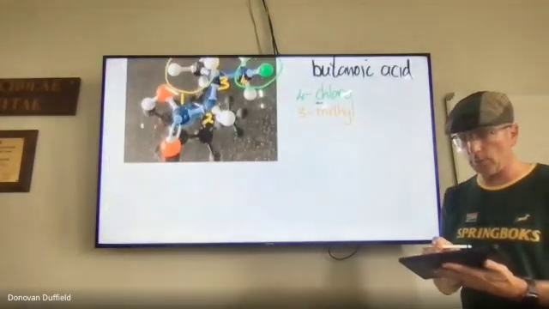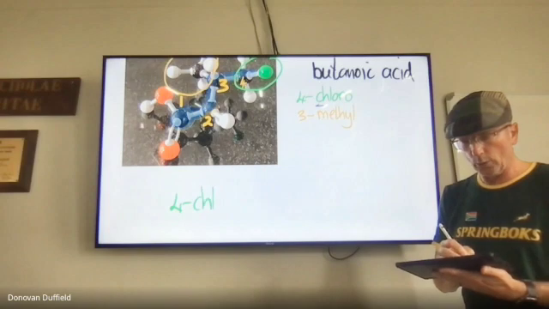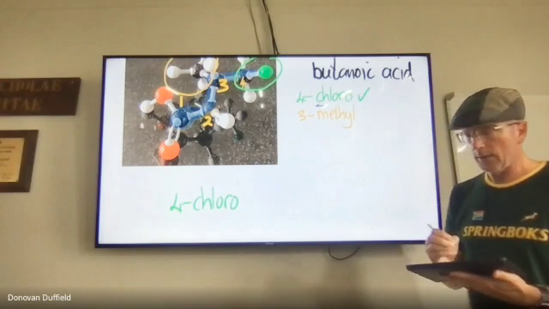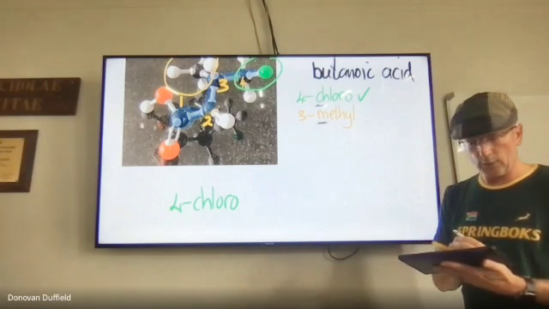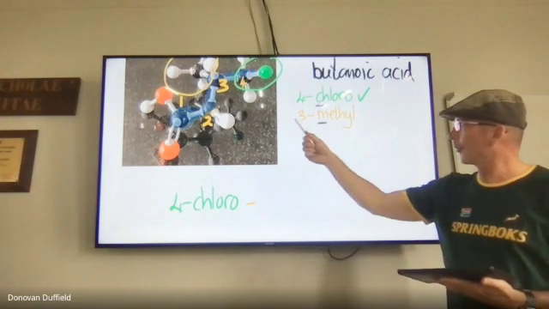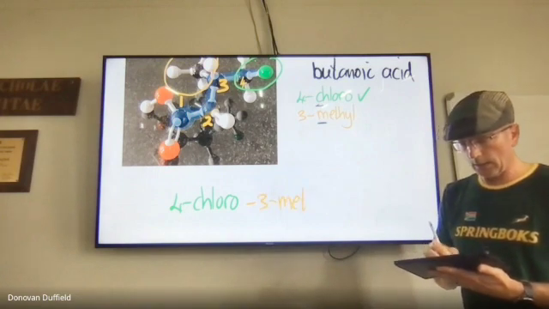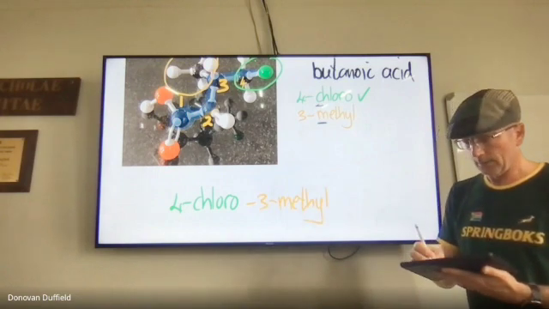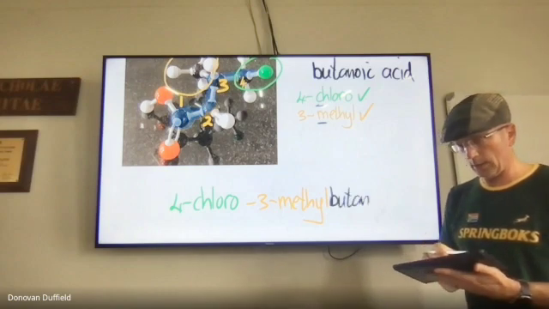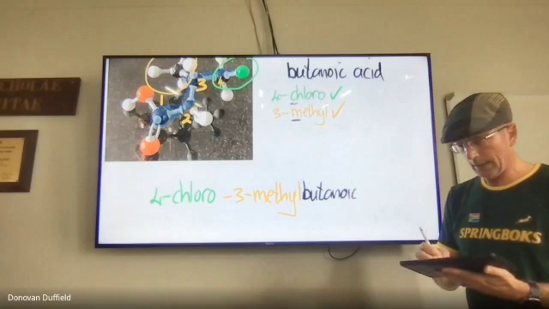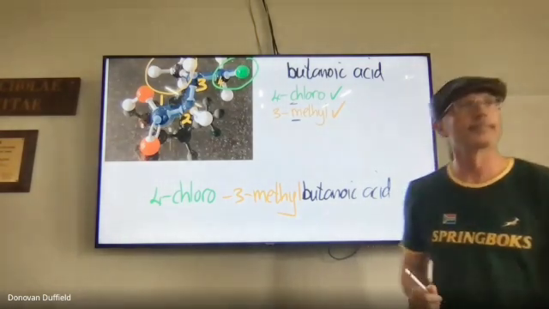So that's going to be 4-chloro, then D, then M. Notice the hyphen: 3-methyl, and then butanoic acid.